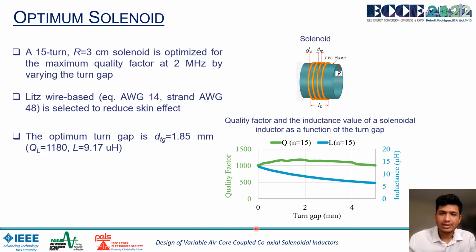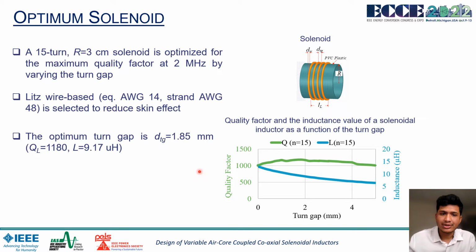Here in the plot, we can see how the quality factor varies as a function of turn gap. Initially, the quality factor increases and then decreases. The initial increase is because the proximity effect losses are reduced. However, later the inductance significantly reduces, therefore the overall quality factor decreases.